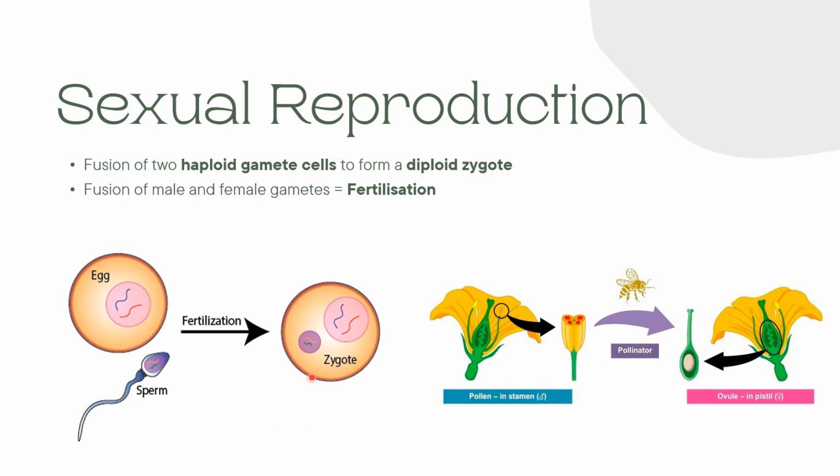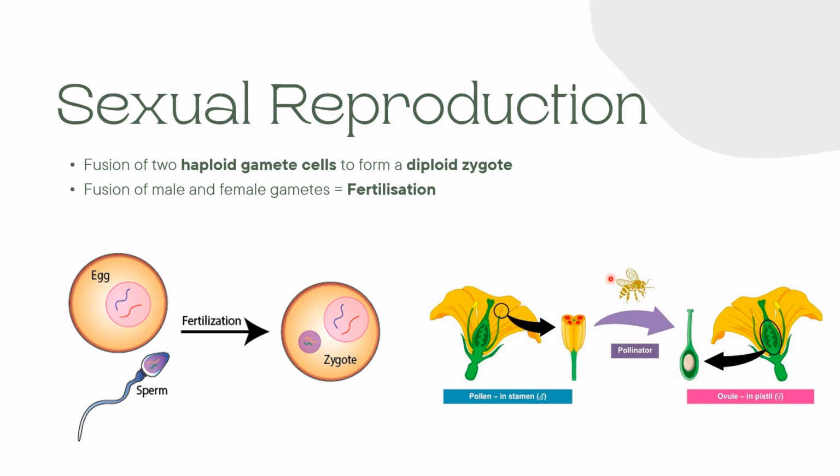They fuse together and result in a fertilized egg, which we also call a zygote. And now this zygote is diploid because it has two sets of chromosomes. The same thing can occur in plants. We've got pollen, which fertilizes the ovule, which is the egg, and produces a fertilized egg, which is a seed, which we'll get into later on.